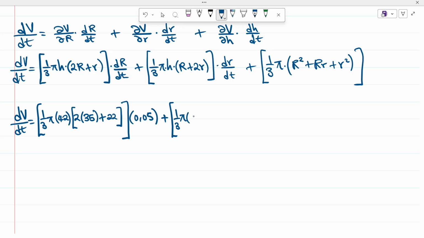Our height is what? It's 42, right? Our height is just 42 multiplied by our R, which is 35 plus 2 into 22 for small r, and then we close. We also close again. The rate at which small r changes with time, they said it's equivalent to -1, and then we say plus.